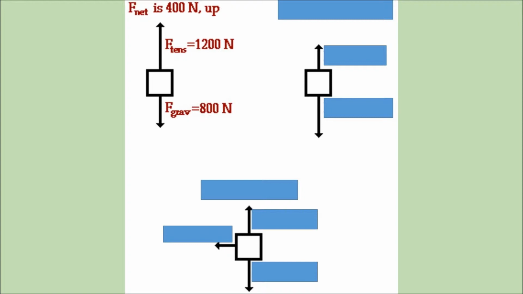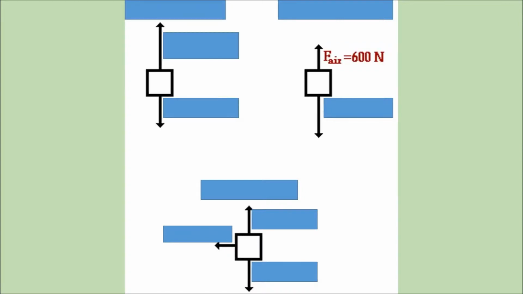This is actually vector addition, where I'm treating those vectors mathematically, with magnitude and direction, as if they were integers. Now I have 600 newtons up, and I have 800 newtons down, and then the vector addition as a result of this will be 1200 newtons down.